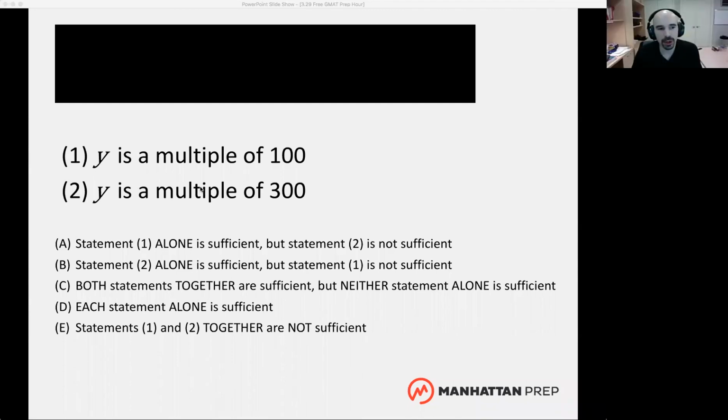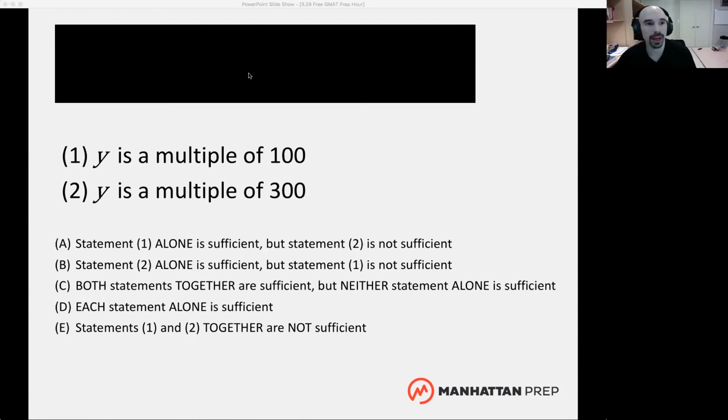But if we know that Y is a multiple of 300, then of course it's a multiple of 100. In other words, statement 2 implies statement 1. Or another way to say that is we can infer statement 1 from the information in statement 2.